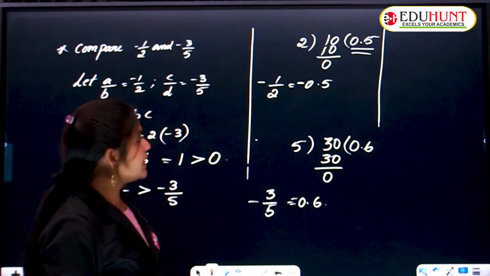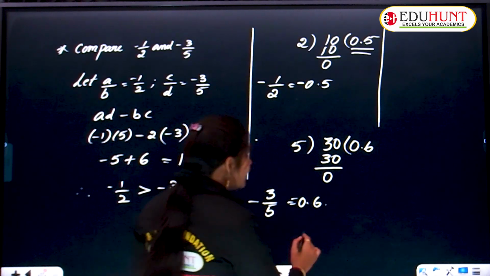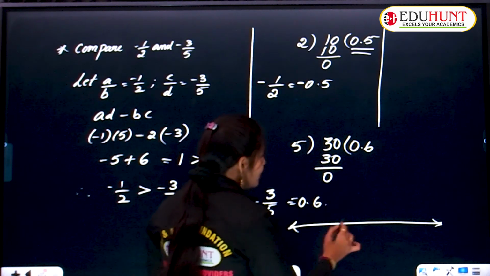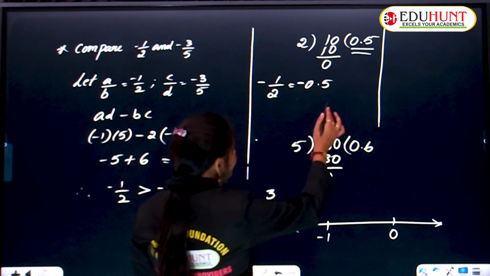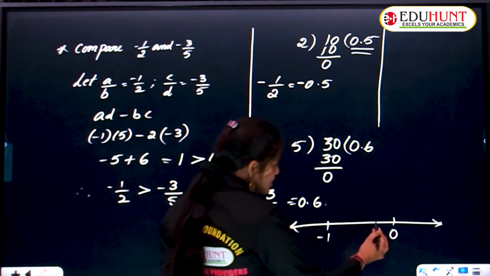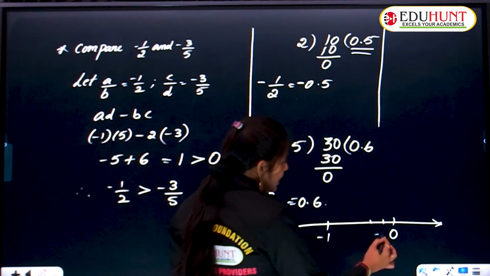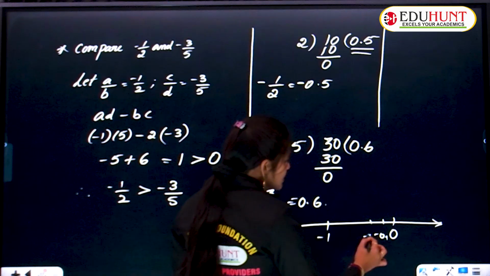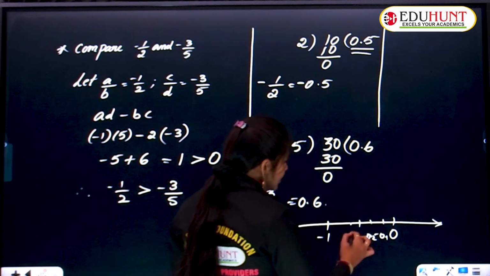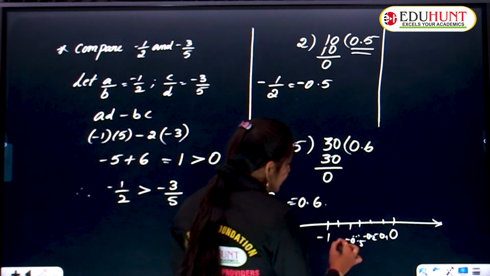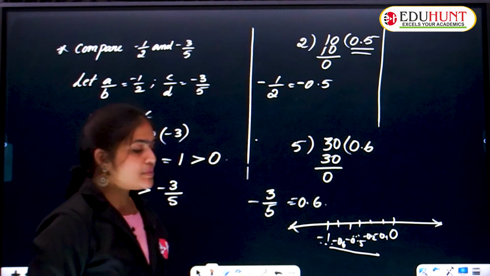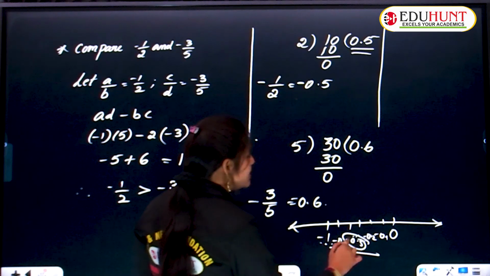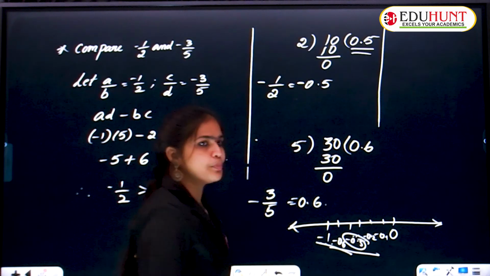Okay. Now which one is greater? Draw a number line for the decimal numbers. Here 0, here minus 1. Minus 0.5 and minus 0.6 are like this, no? Somewhere here minus 0.1, minus 0.2 and so on. Here minus 0.5, here minus 0.6. Understood? Observe that minus 0.5 lies to the right of minus 0.6.